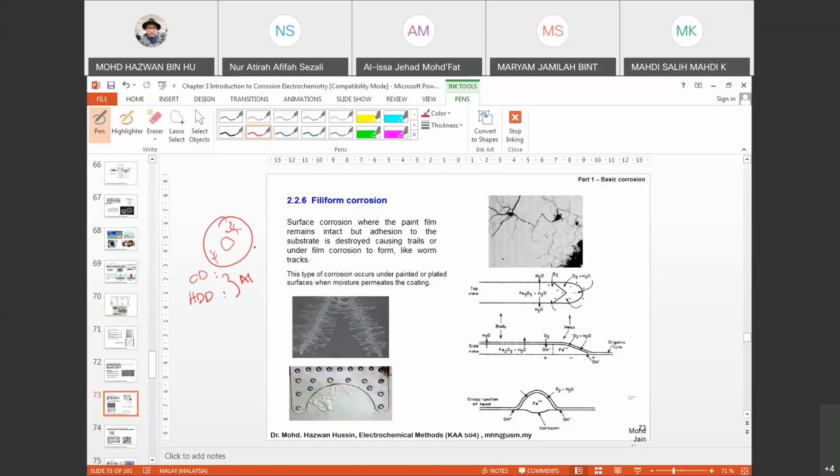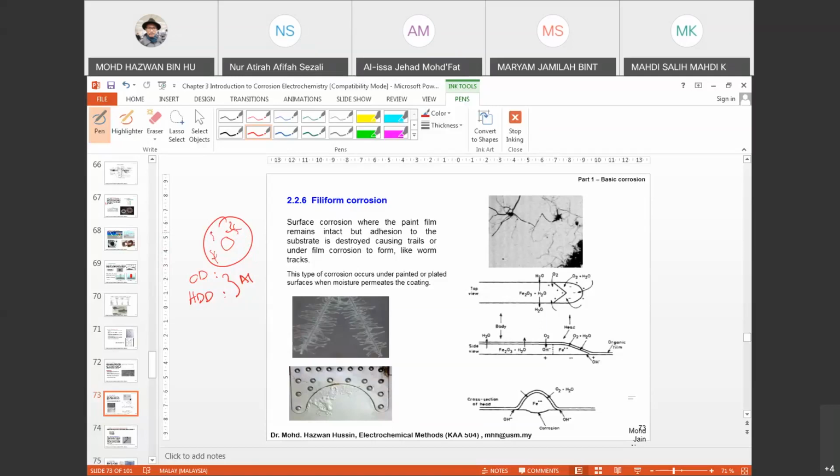The reason why is because it has already been corroded. Sometimes you might have heard, don't scratch the CD, because if you scratch the CD, you cannot watch the video or listen to the song. This is actually true. Why? Because the coating is made from plastic, polymer.